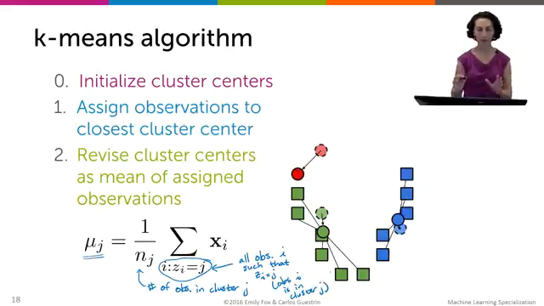So just to make sure this is clear, if we look at this sum, how many terms are appearing in this sum? nj terms. That's the size of the number of observations where the cluster indicator is j. So this is just an equation to say we're summing over all of our observations in cluster j, and then we're dividing by the total number of observations in the cluster, and that gives us our average, or the center of mass in that cluster.